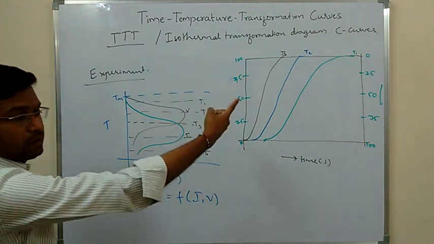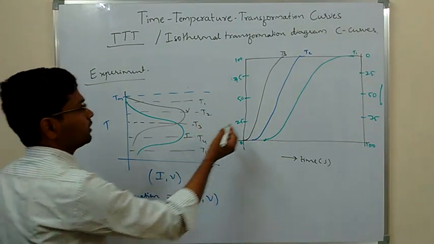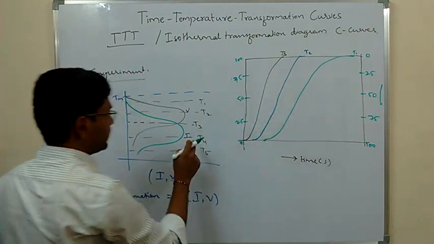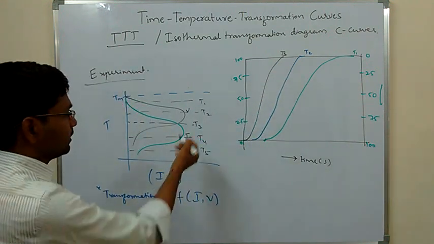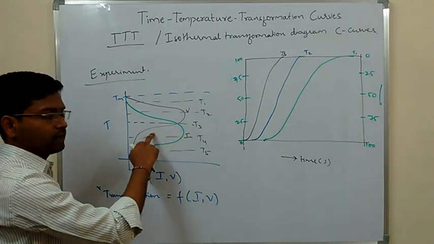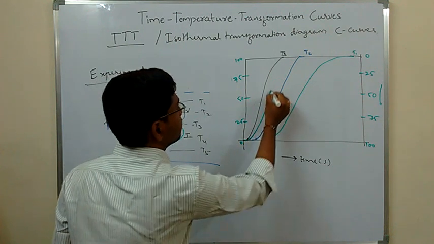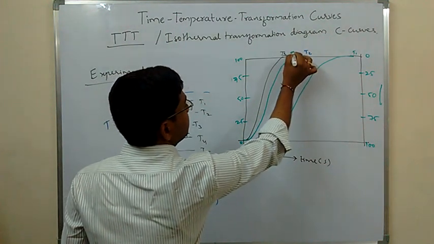Same thing I will plot on the transformation curve. At the T3 point, I have already drawn. At the T4 point, what happens? Again it reverses, meaning the growth rate and nucleation rate increase, so the transformation curve will shift towards the right side. T4.